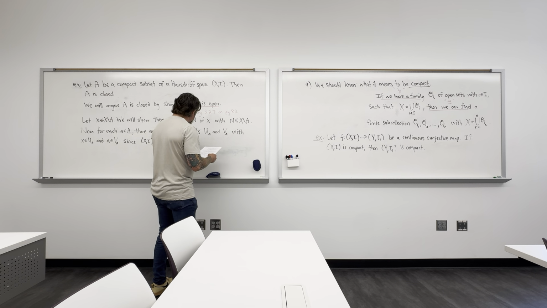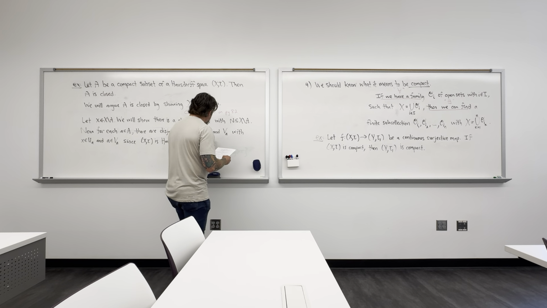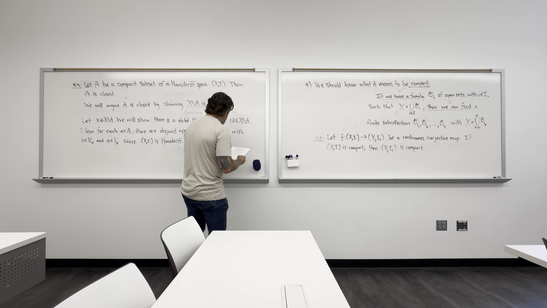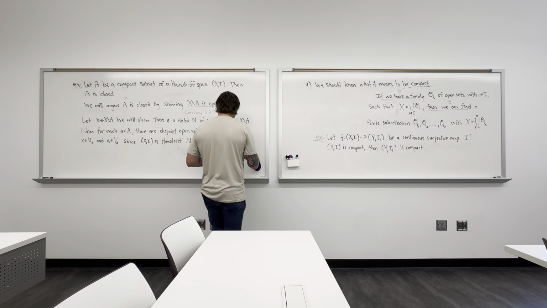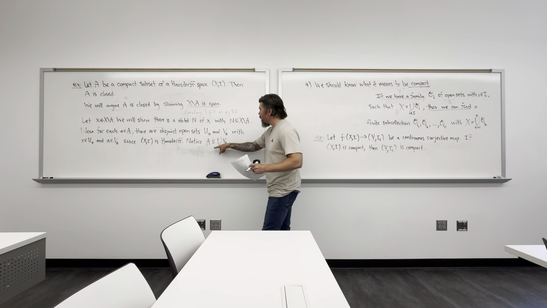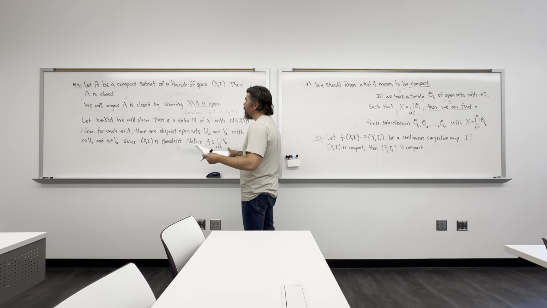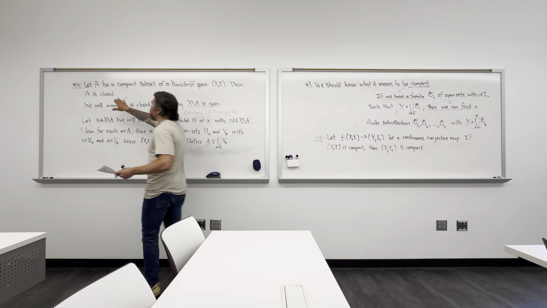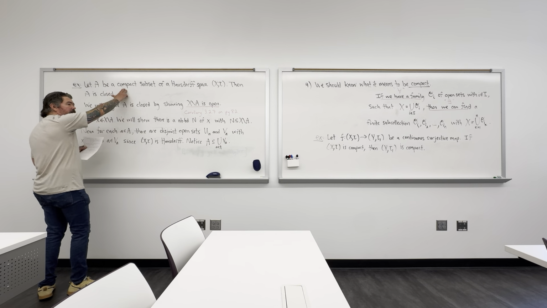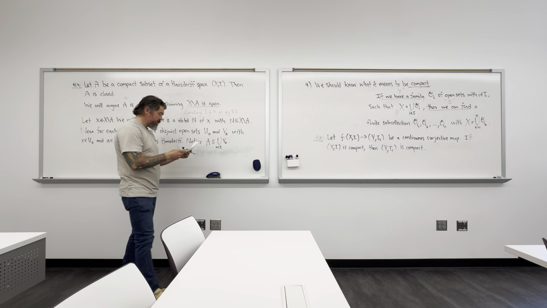Notice that A is a subset of the union of these V_a, where a is in A. So this is creating an open cover of A. Well, what do we know about open covers of A? A is compact, so there's got to be a finite subcover.